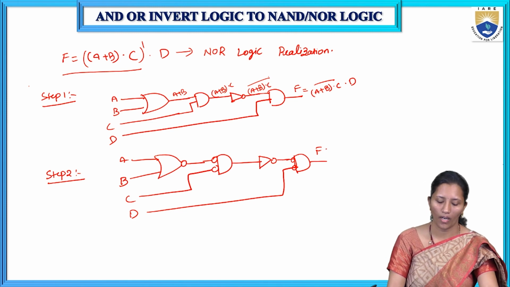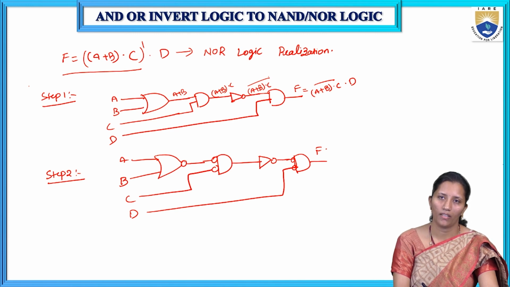In step 3, what we have to do? We have to add inverters at each line. If we add a bubble, then we have to add one inverter in that line.